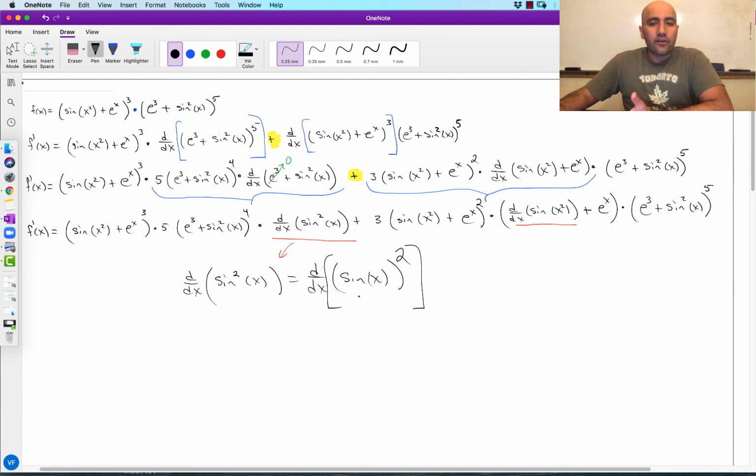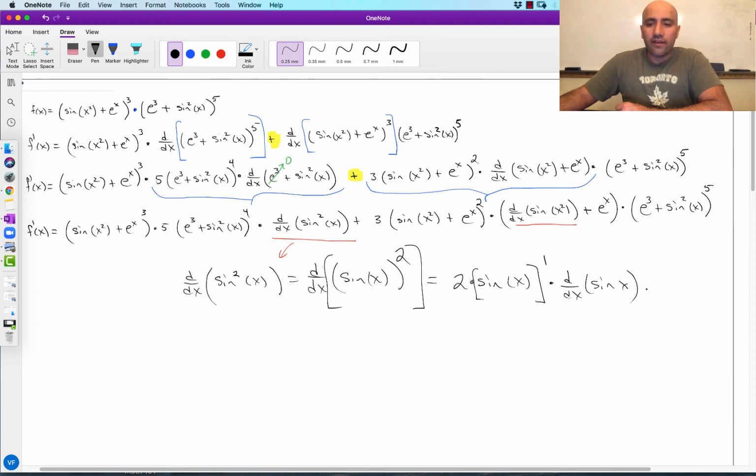Well, this is going to be our chain rule again. Let's pretend this is a simple, happy little letter raised to the power of 2. By our power rule, we know this is going to be 2 times sine of x raised to the power of 1, times the derivative of the inside part, so times the derivative with respect to x of sine of x, which is cosine of x.